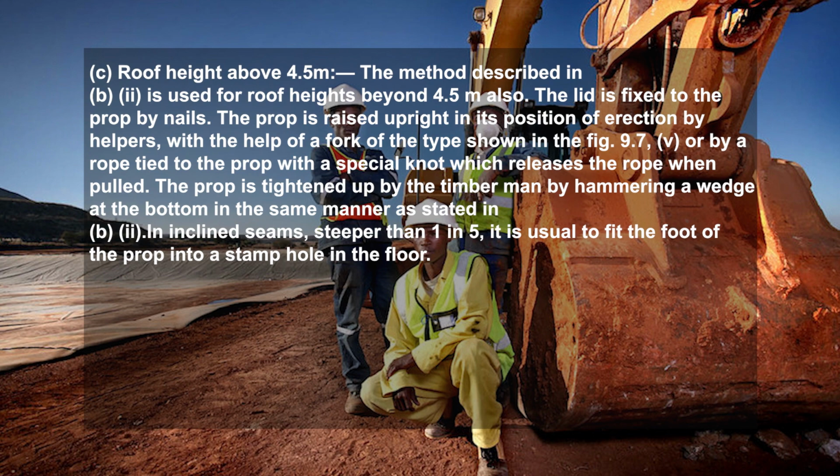The prop is tightened up by the timberman by hammering a wedge at the bottom in the same manner as before. In inclined seams steeper than 1 in 5, it is usual to fit the foot of the props into a stump hole in the floor.